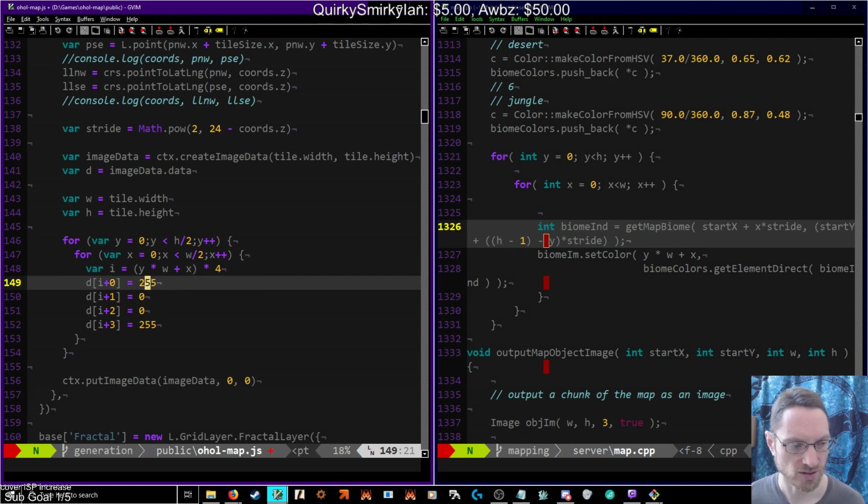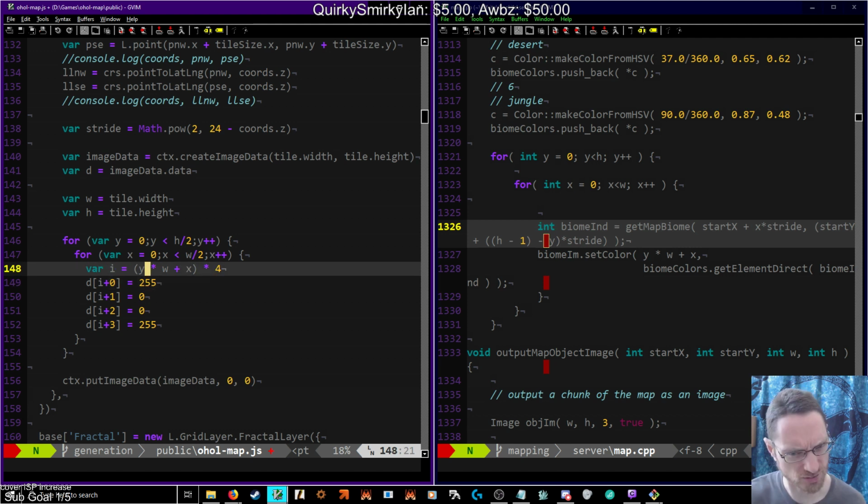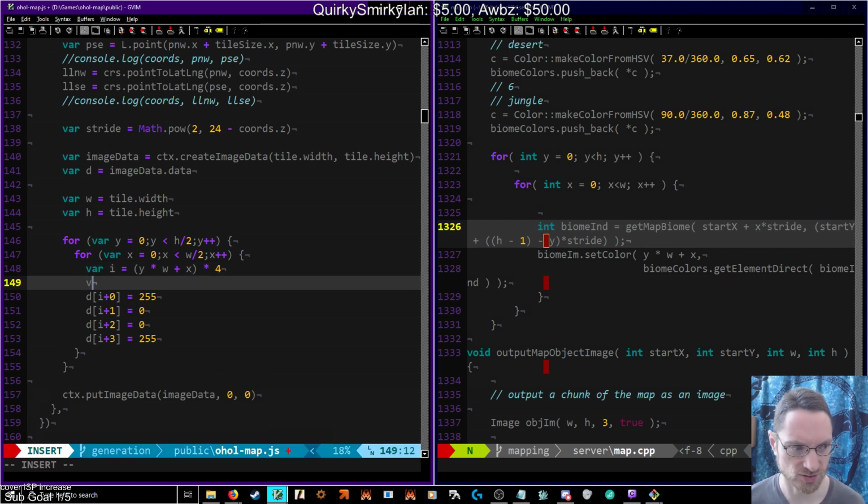All right, so that is u. And we won't actually be able to test this translation system until we get other things going. I guess we could do some coordinate stuff. So wx is, well, start x.